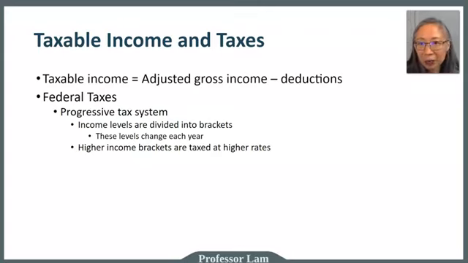So each bracket is taxed at a different rate. And we'll go over a detailed example to show you how that works. But the bottom line is that not all income is taxed at the same rate. The more income you make, the higher the tax rate will be. So it's not just the amount of tax someone pays who earns a higher income. They actually pay a higher percentage as well.